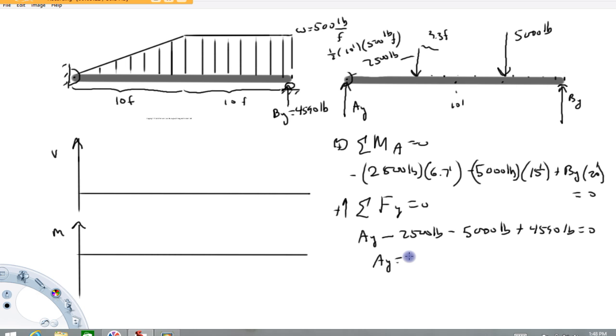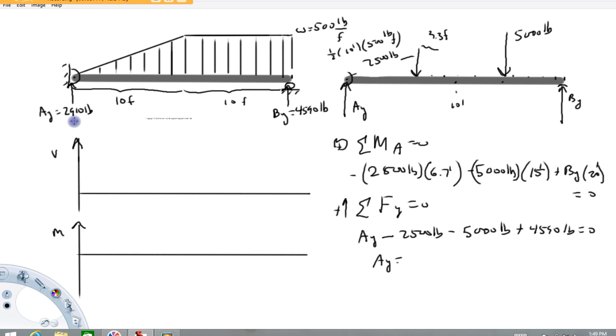And for AY, I get about 2910. So I'm going to put that over here. So here's AY at about 2910 pounds.